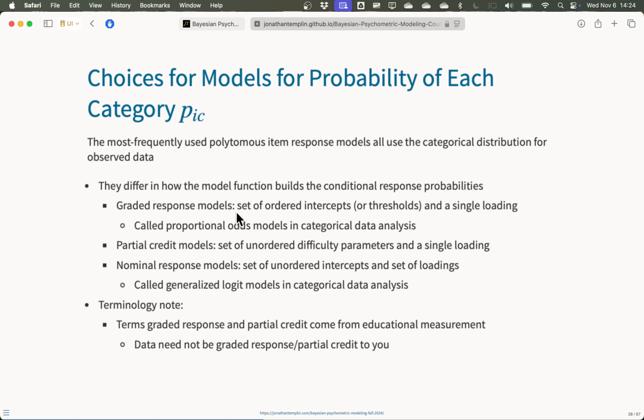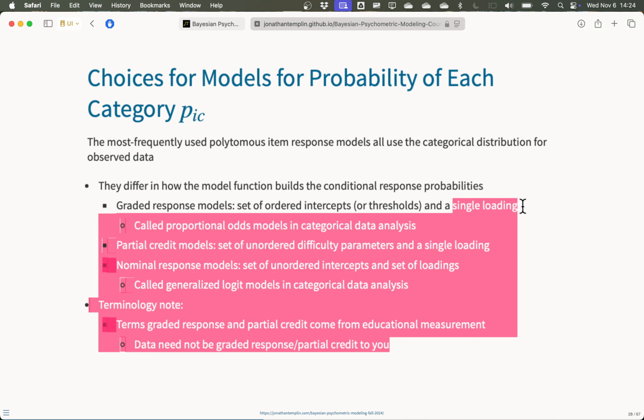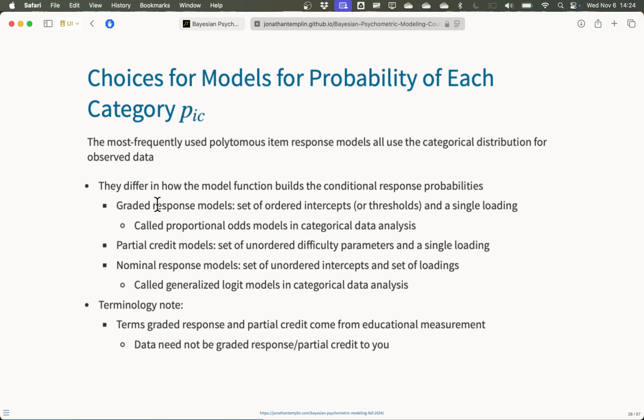For instance, the graded response models provide a set of ordered intercepts or thresholds and a single loading. If we take our example where we have 5 options for each item, there will be 4 submodels. Each submodel has its own intercept, but all the submodels share the loading or discrimination parameter. Sometimes this is called a proportional odds model in categorical data analysis because the odds of any category increase proportionally across, because of the single discrimination loading parameter.